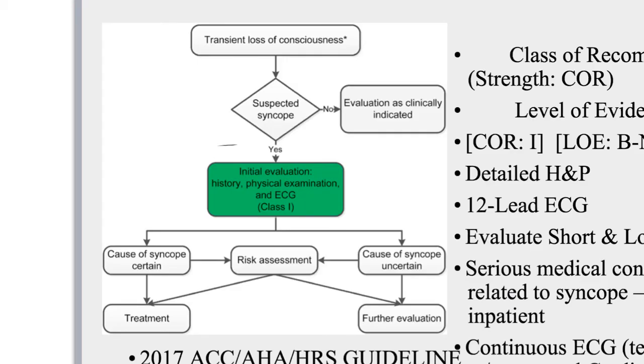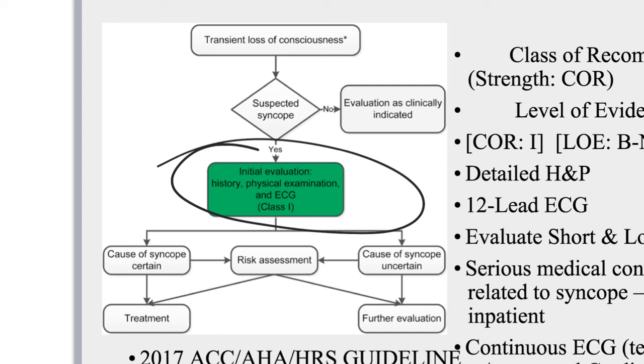So the 2017 American College of Cardiology, American Heart Association guidelines said that it's Class 1A evidence to do a thorough history and physical and to get an EKG or an ECG. On most diagnoses, you're going to know the answer at this point.